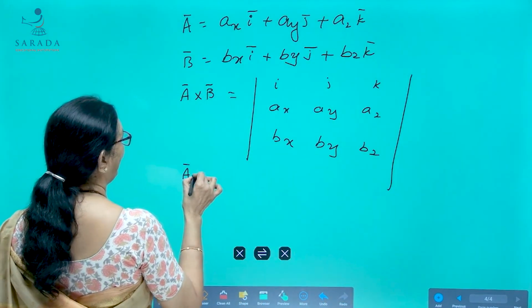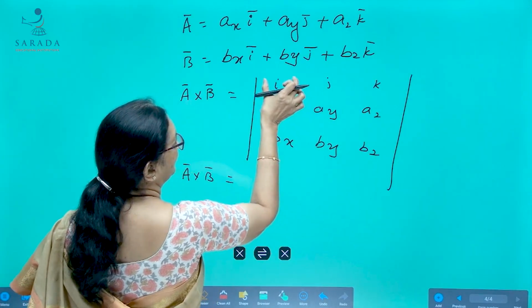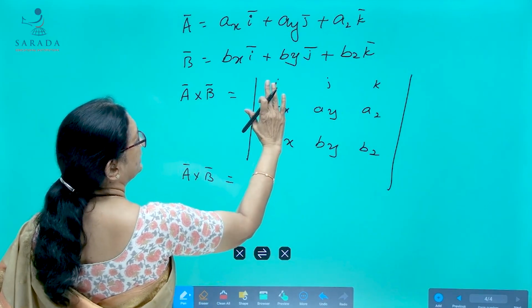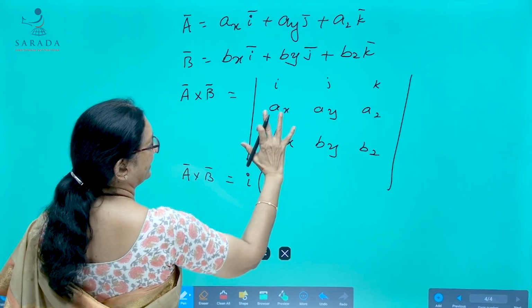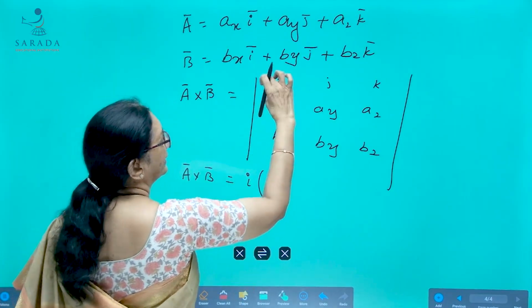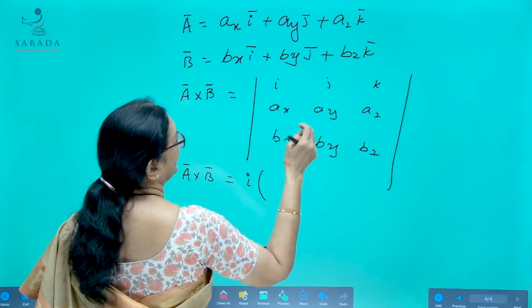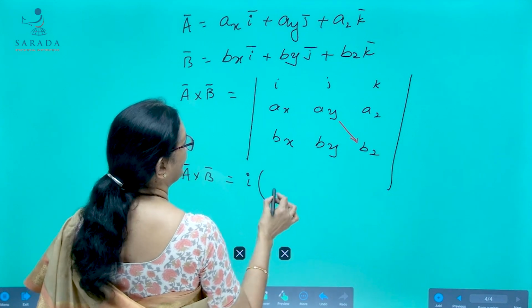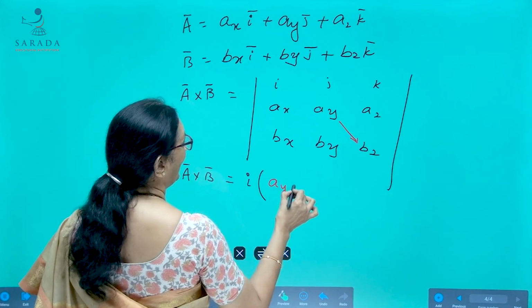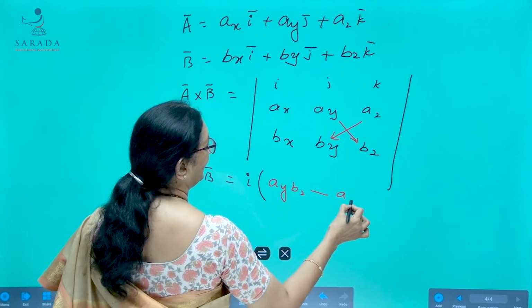So, from this, A bar cross B bar is, this is first row, this is first column, which includes I bar. I bar into, close the column containing I bar, close the row containing I bar. Then these two things go off, then you have to multiply like this. This is AYBZ minus AZBY.